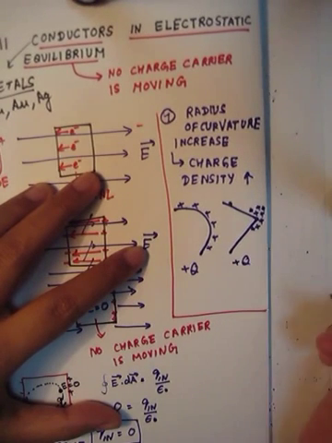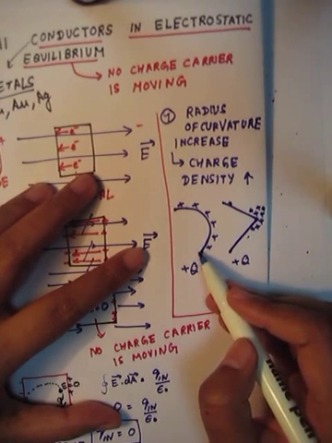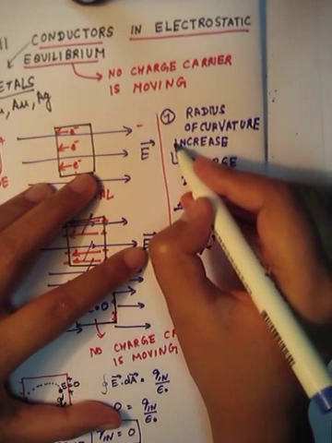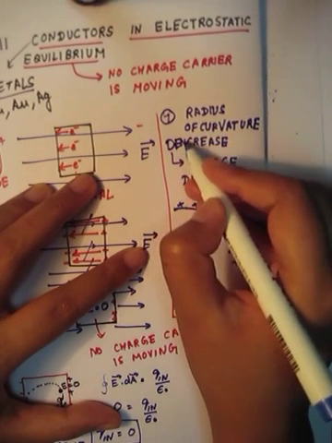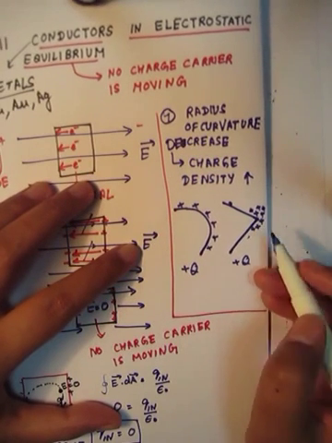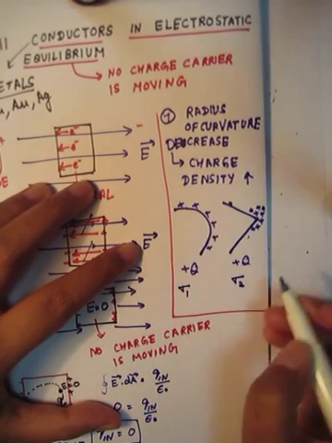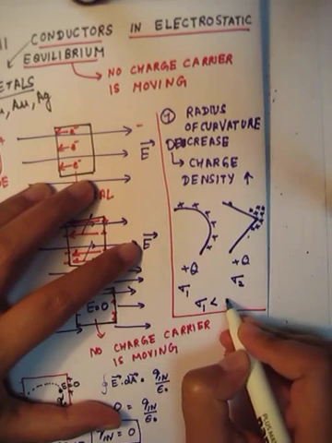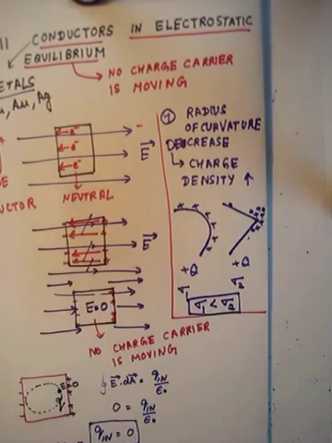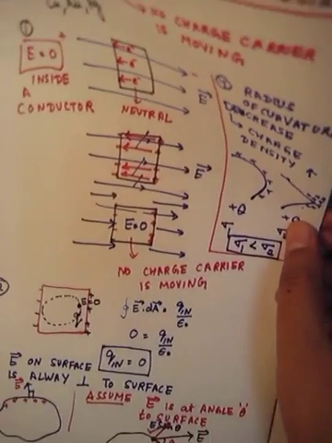The charge is still plus q, but the charge density here will be larger compared to the other. So as the radius of curvature decreases, the charge density will increase. If the charge densities are sigma 1 and sigma 2, then sigma 1 will be less than sigma 2. These are the 4 conditions of a conductor in electrostatic equilibrium.